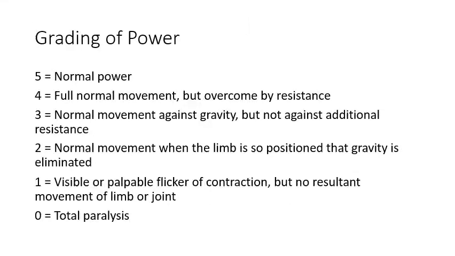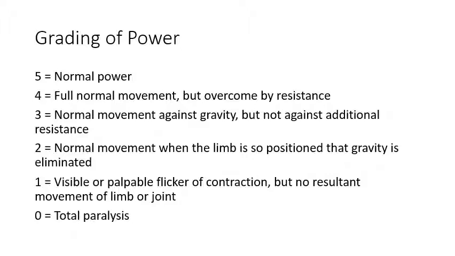There are 5 grades of muscle power, starting from 5, which is the normal full power, down to 1, which is the least possible muscle contraction, in addition to 0, which corresponds to total paralysis of the muscle. 5 is normal power and full muscle contraction. 4 is full normal movement of the muscle, but this movement can be overcome by resistance. 3, normal movement against gravity.